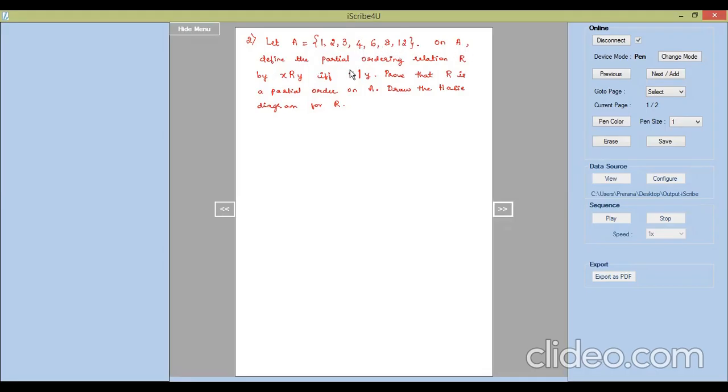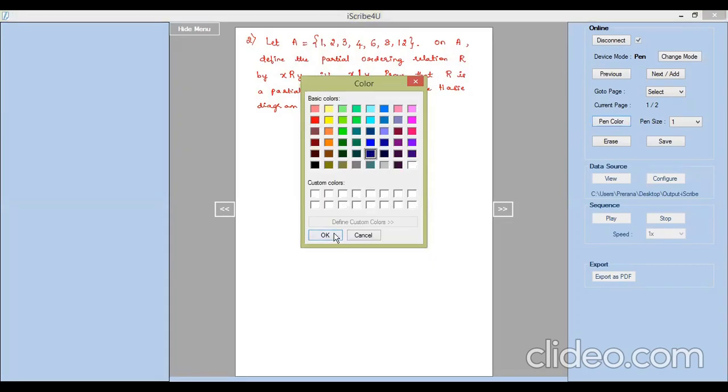On A, define the partial ordering relation R, which is related in this manner that X divides Y. We have to first prove that it is a partial order on A. Only when we have proved that it is a partial order will we be able to draw the Hasse diagram for R. So let us see the solution part.